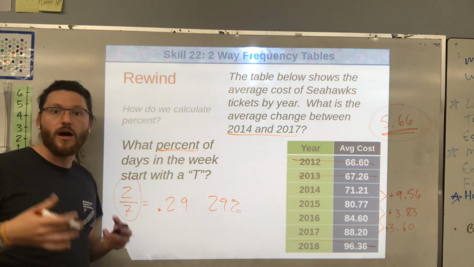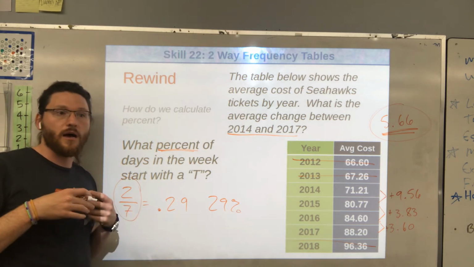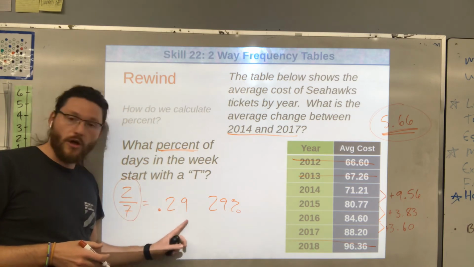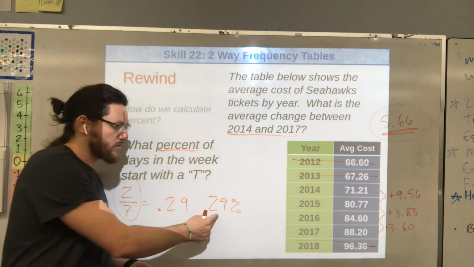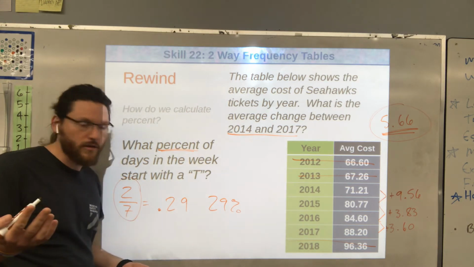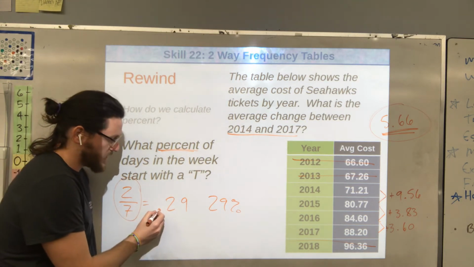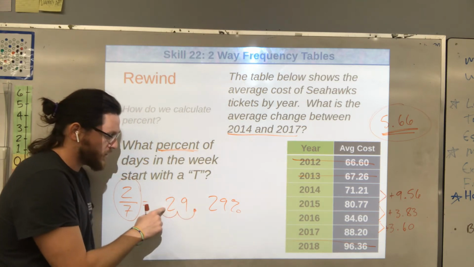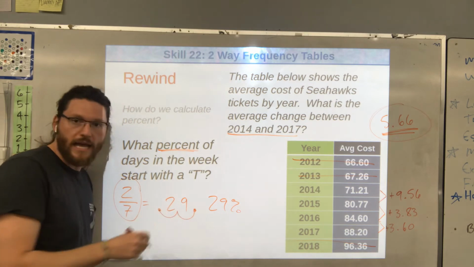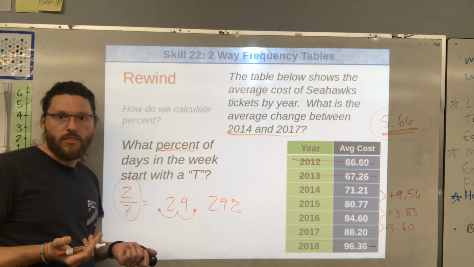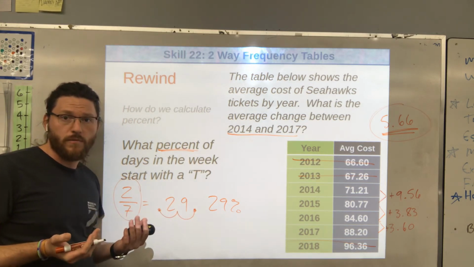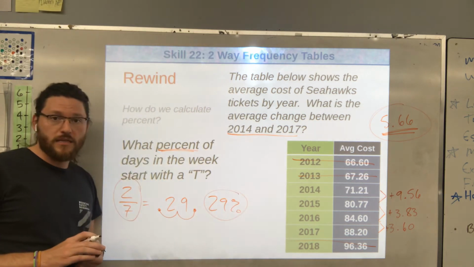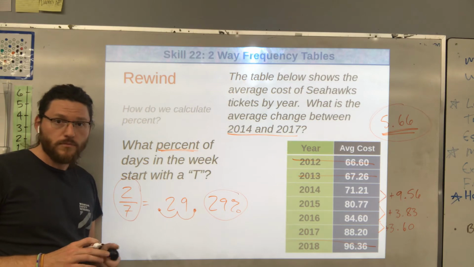It's out of 100: 100 cents in a dollar, 100 years in a century, and this is already in hundredths, so we just write it as part of 100. The other way we can think of that is if you move your decimal point 2 spots over, from in front of the 2 over 2 spots, we get 29. That's another way you can remember how to go from a decimal to a percent. So the answer is 29% of days start with a T.